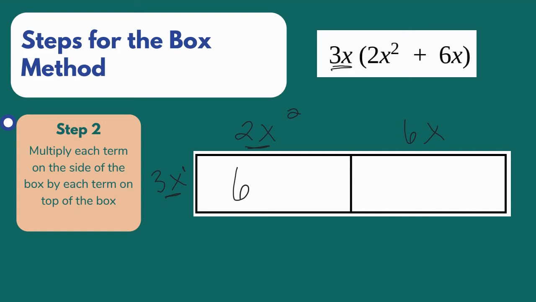And when I'm multiplying powers of the same base, I add my exponents, so that becomes x to the third power. Next, I'll multiply 3x to the first power times 6x to the first power. So 3 times 6 is 18. And x to the first power times x to the first power is x to the second power, because when I'm multiplying powers of the same base, I add my exponents.